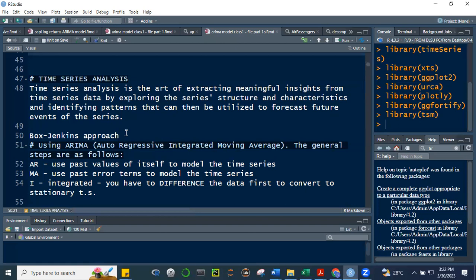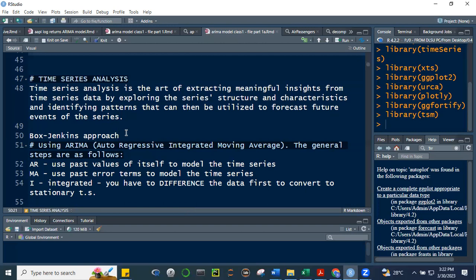The method that we're going to use is a very popular and very powerful Box-Jenkins approach. This was developed in the 1970s, and up to now it's still fairly popular with modelers, statisticians, and engineers, the ones who need to model time series.